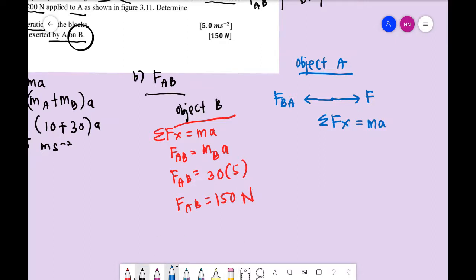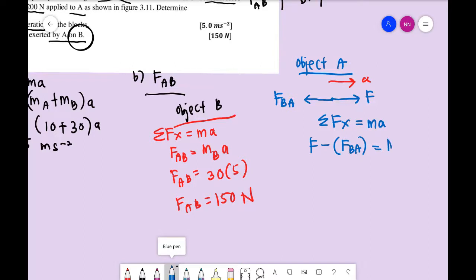Object A accelerates to the right, object B also accelerates to the right. So F is in the same direction as the acceleration, so it is positive, and force on A by B is opposite to the acceleration, so it is negative.